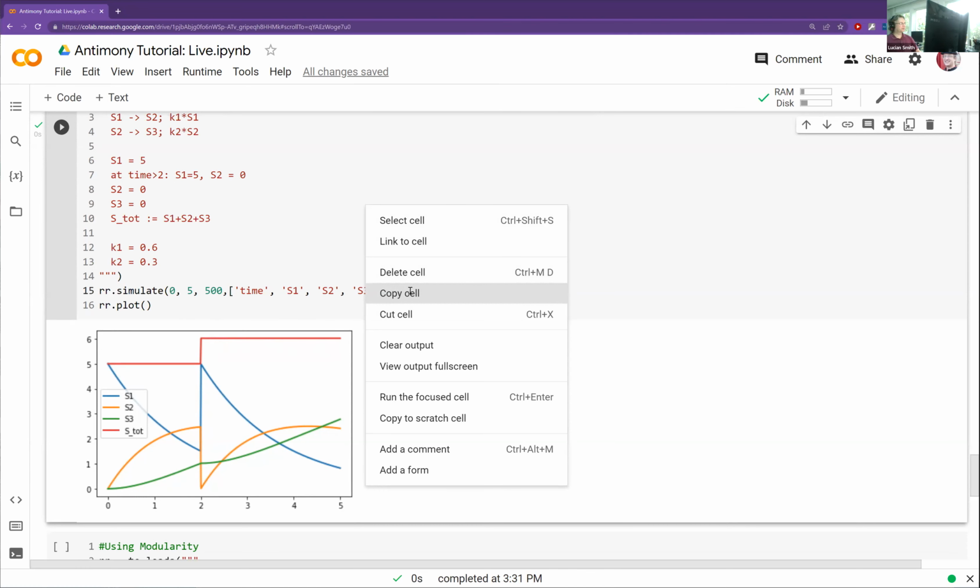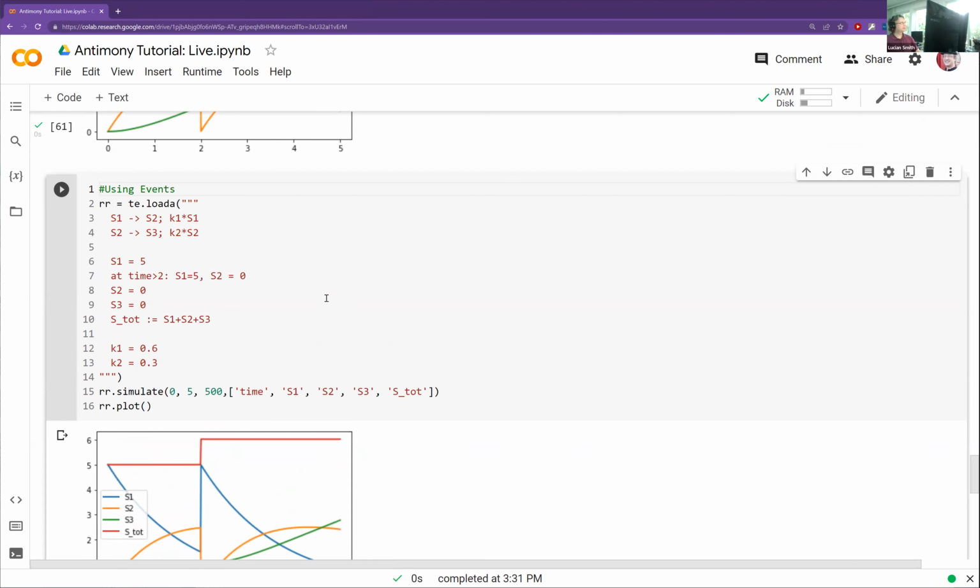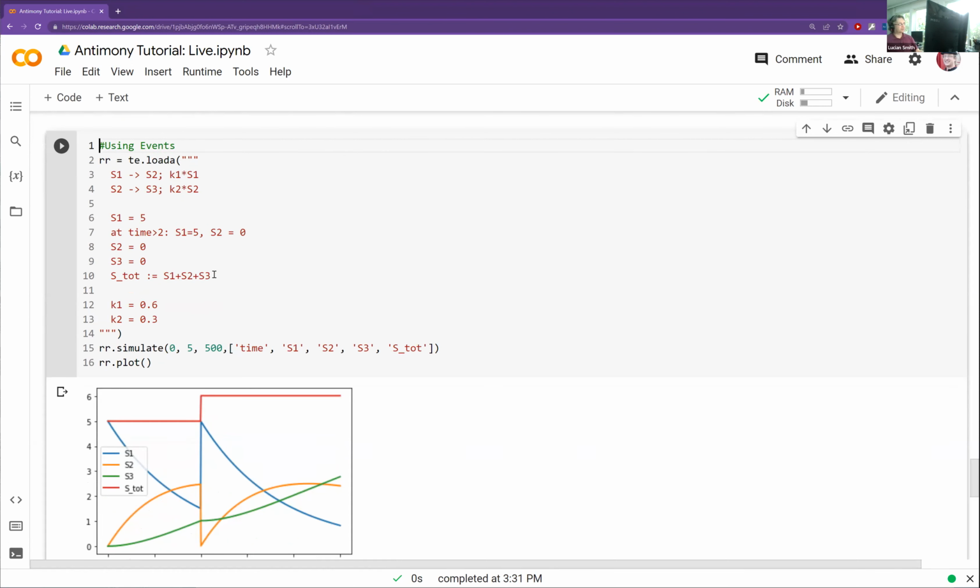I'm going to copy this and paste it in as a new one. All right. So let's say instead of time, we want to actually have it internally modified. So like cell cycles will often, something will trigger and something will happen based on the actual concentrations of things in the cell itself.